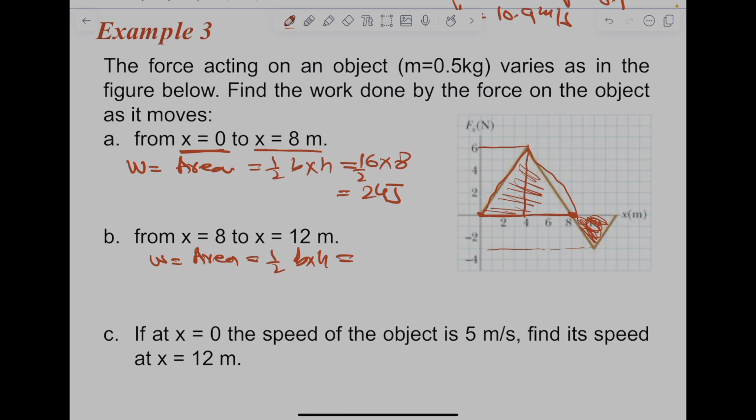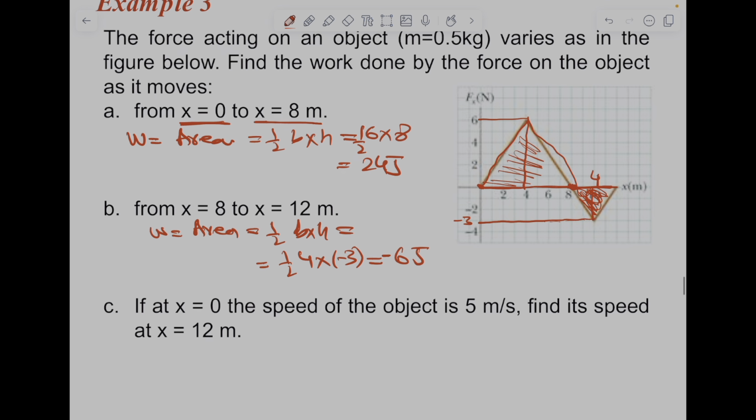Your base is this, which from 8 to 12 is 4, and your height is this, which I think is 3, so it is -3. So 1/2 times 4 times -3 is 6 joule with a minus sign.